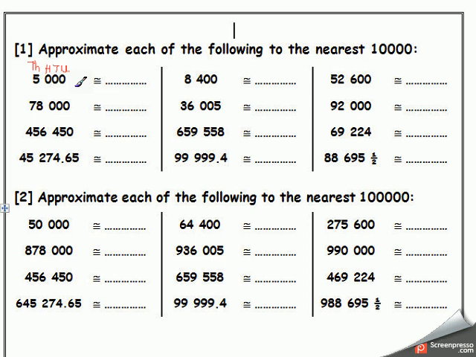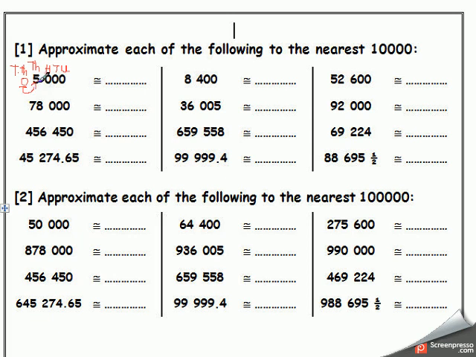What I can do is write 0 and consider it as 10,000. After that, I should look at the previous unit of the 10,000. The previous unit of 10,000 is 1,000.